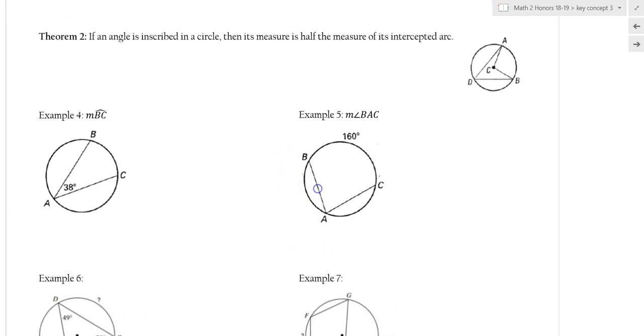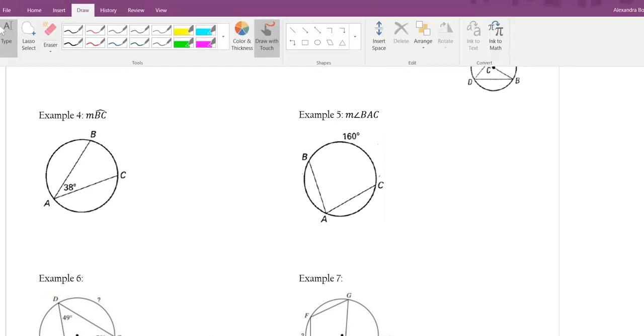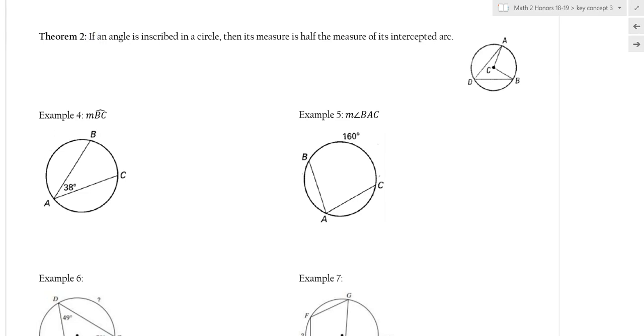Our second theorem: if an angle is inscribed in a circle, then its measure is half the intercepted arc. So what are we saying here?